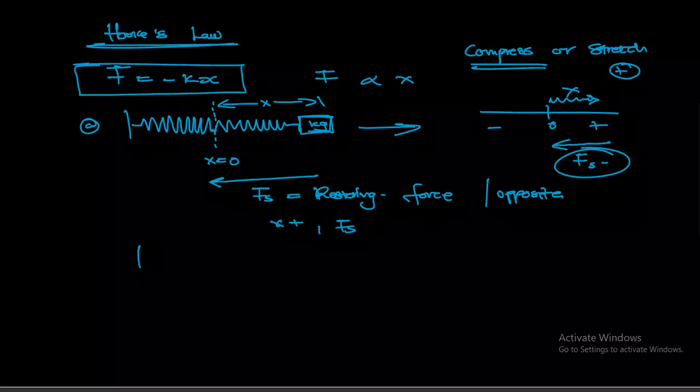Once we push in this direction, the spring gets compressed. The spring ends here, but the original position is here, that is its equilibrium position. The distance it has been displaced is our displacement when we compress the spring, and this is going to be negative.